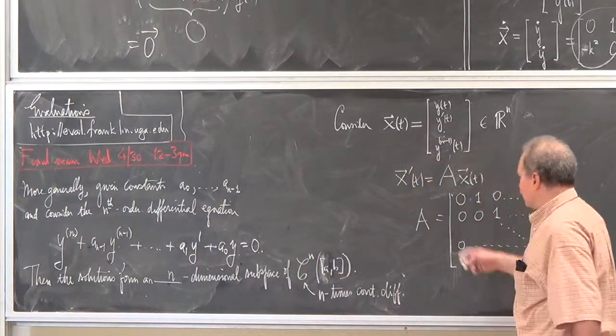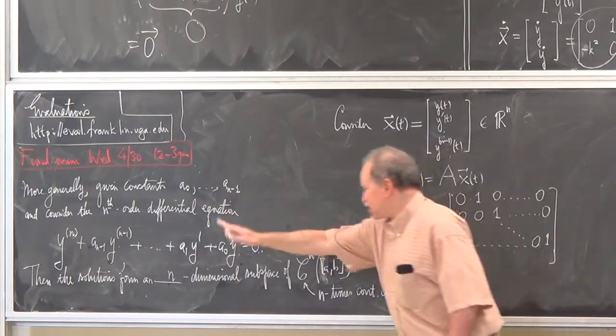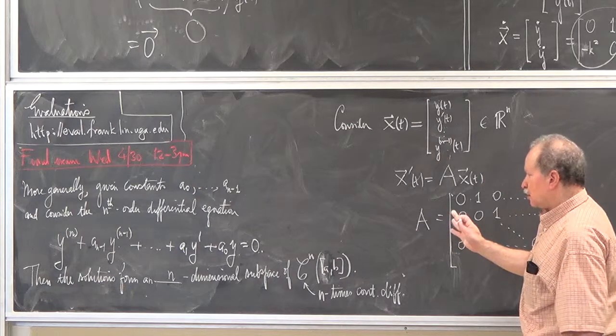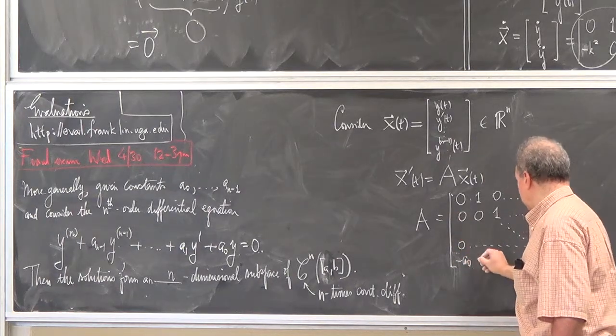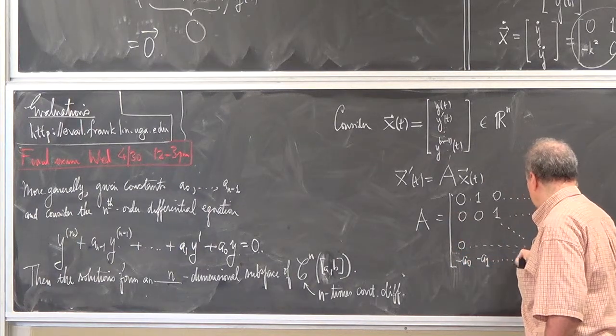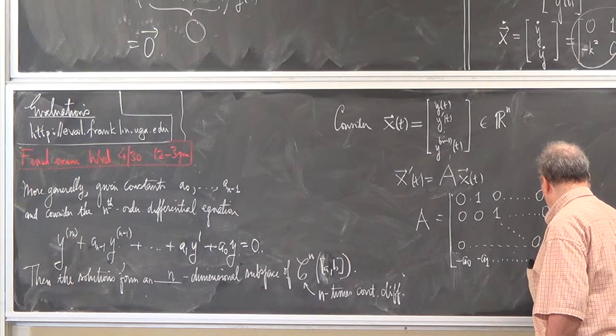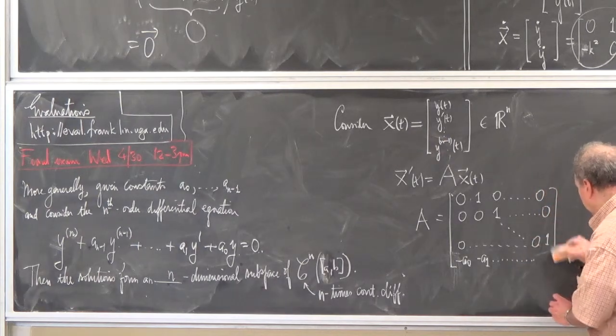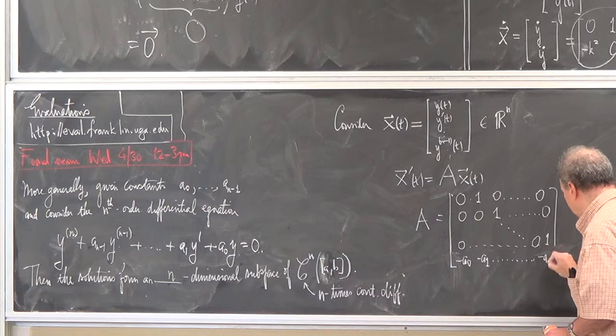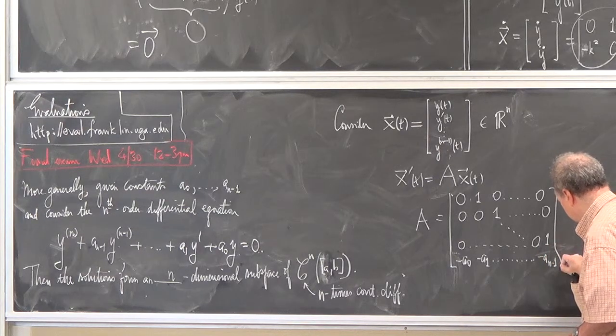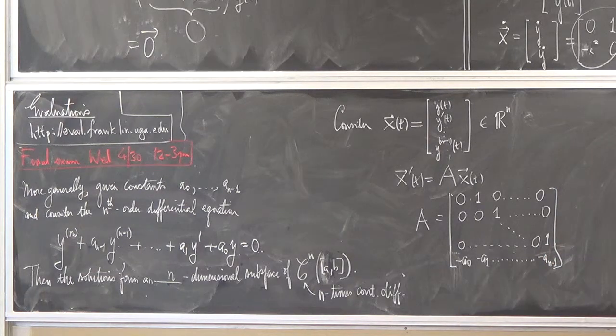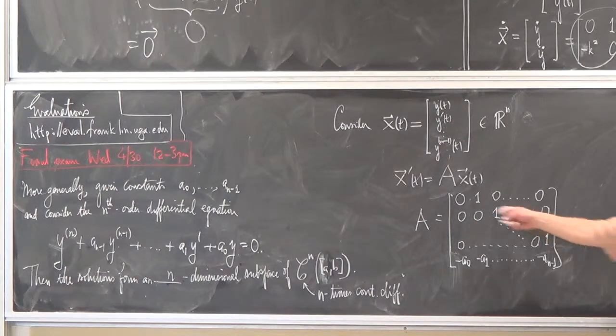All right. So now what happens? When I take yn and put all this stuff on the other side, negative a naught, negative a1, and then the very last one here is negative a n minus 1. And let's check. This was supposed to be n by n.